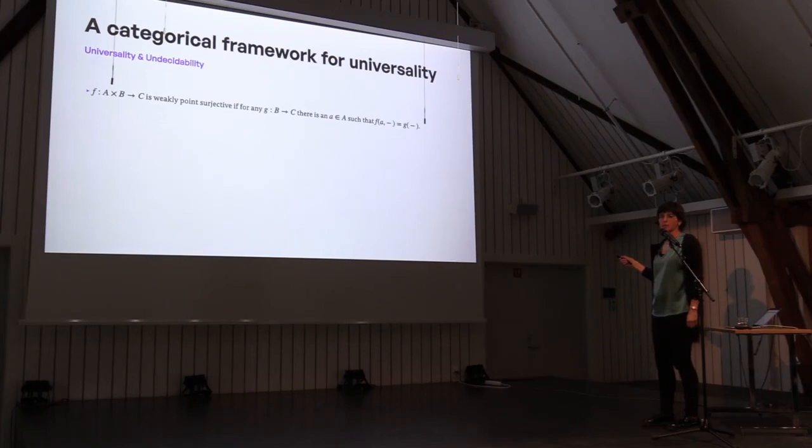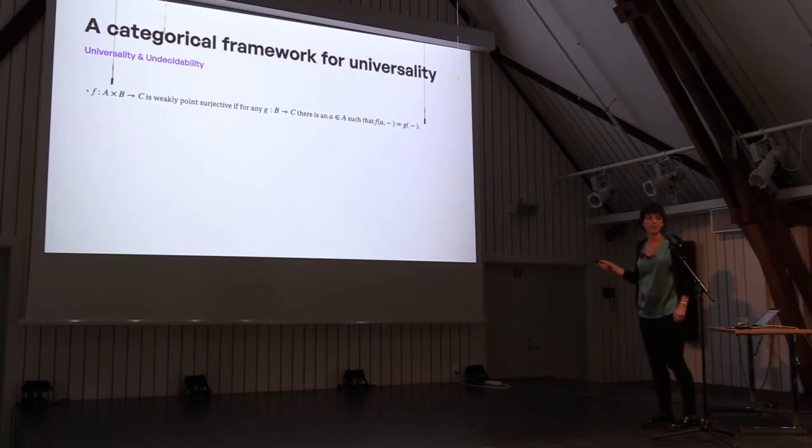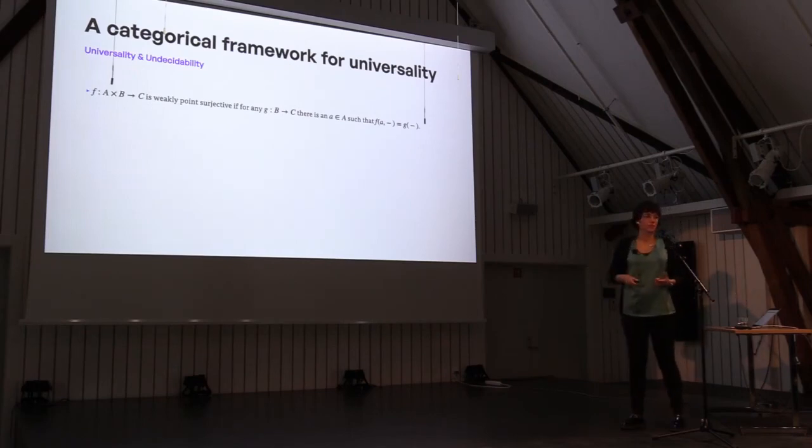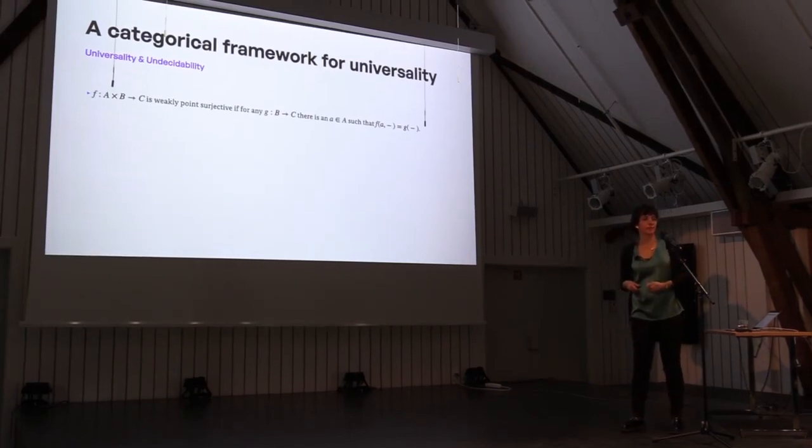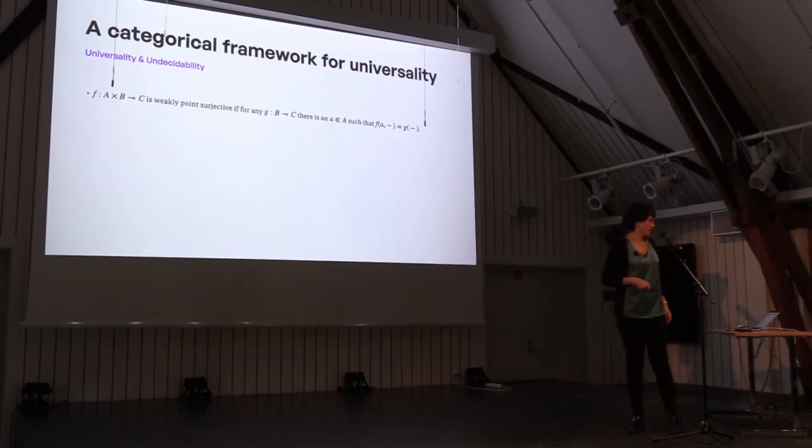Some people say that f represents g, because f has an enlarged domain, and you can pick an element A of this enlarged domain so that on the rest of the domain, f behaves like g. This is what some people call weakly point surjective.